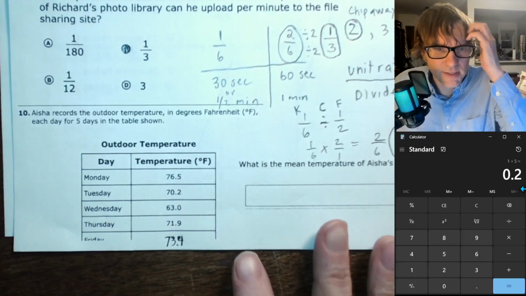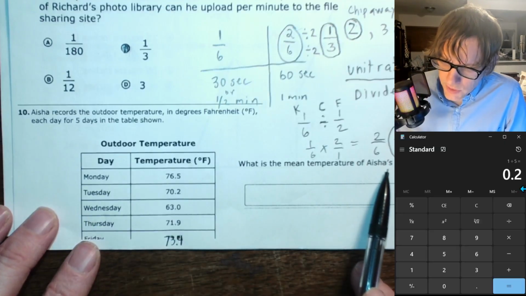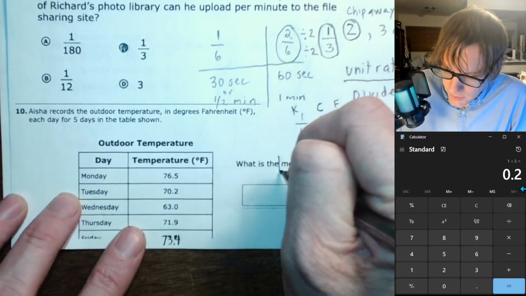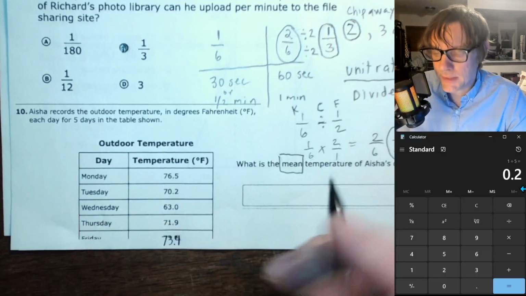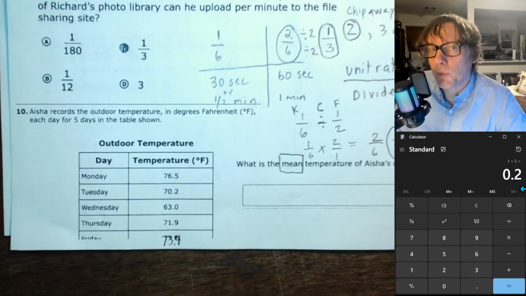I think that's what it is. All right, so now it says, what is the mean temperature of Aisha's data? All right, so mean. Everybody circle mean and write down the definition to mean. Mean means add up all the numbers and then divide by the number of numbers.